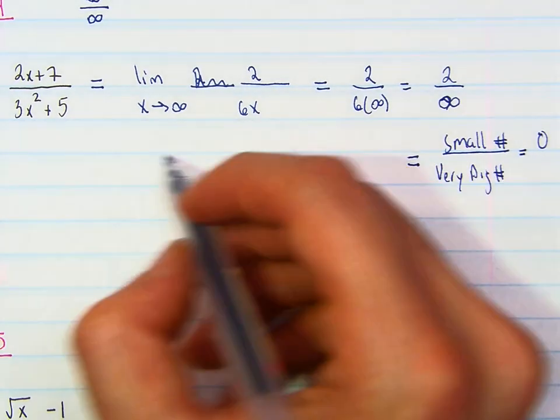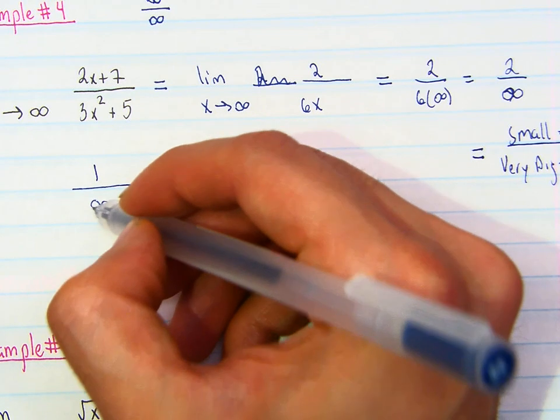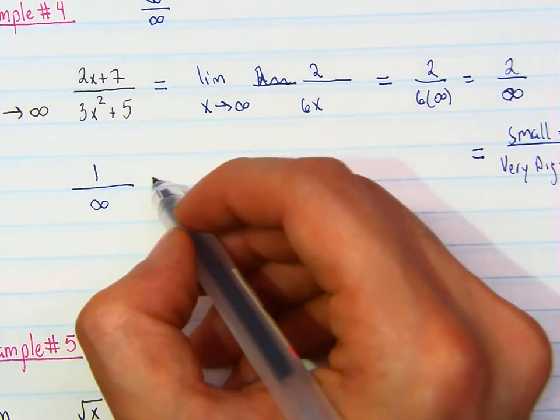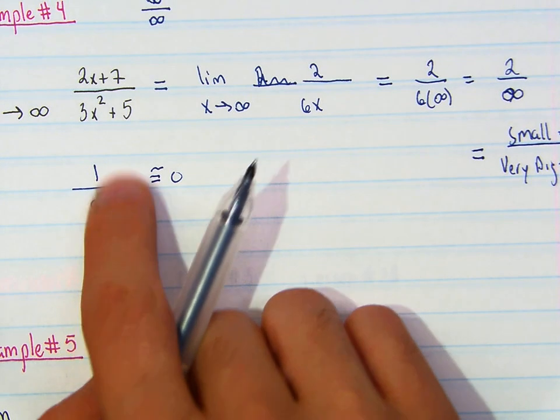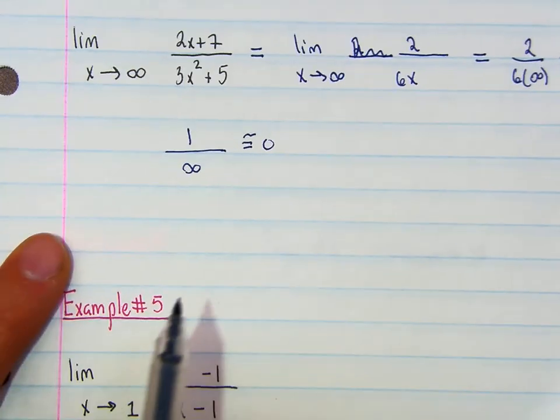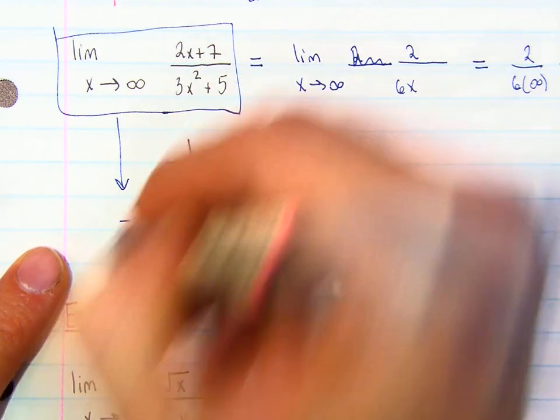Because if I have 1 over infinity, this is very, very close to 0. This number is very, very large and this number is very, very small. So we know that this is equal to 0.